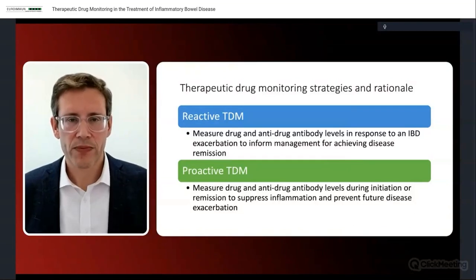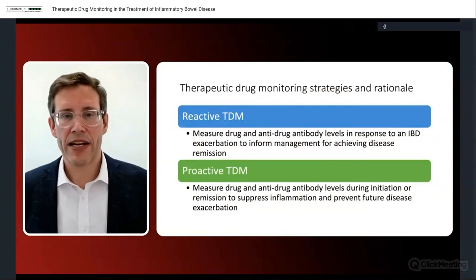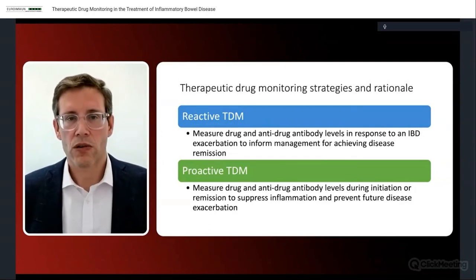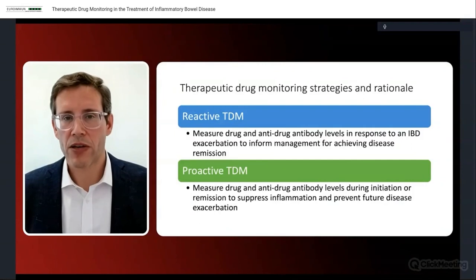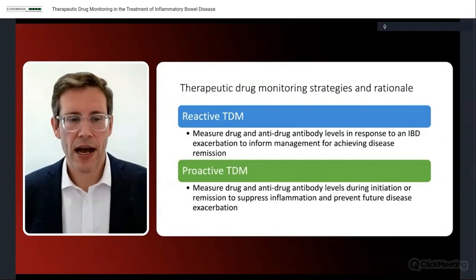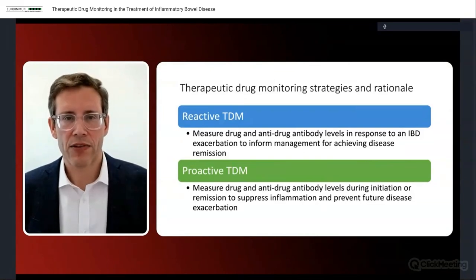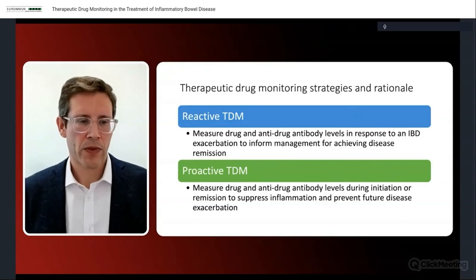So in this case, a patient exhibits signs of disease activity, either through symptoms or laboratory abnormalities or endoscopic or radiographic findings. And in response to that, one measures drug and anti-drug antibody levels to determine what steps to take next.